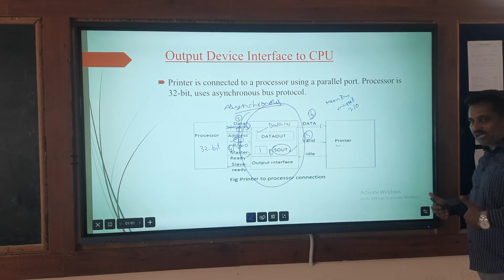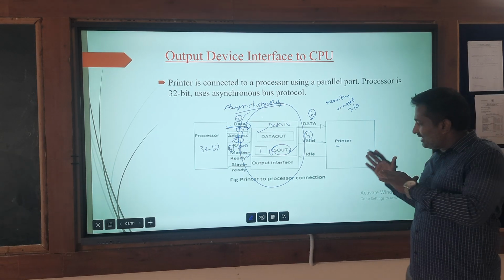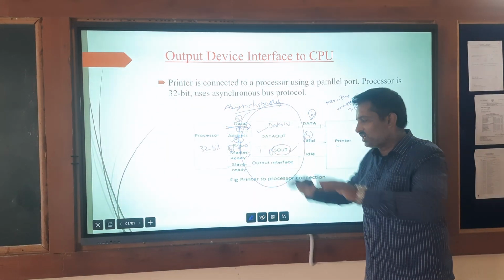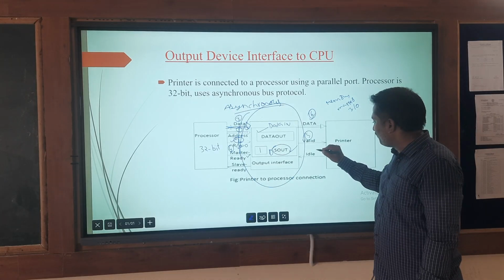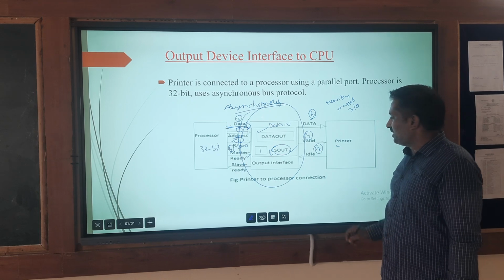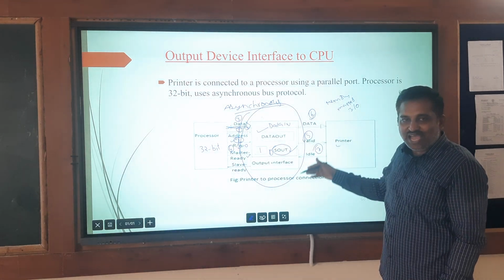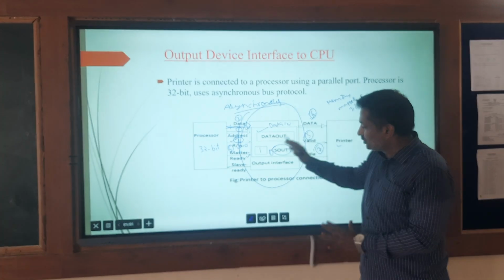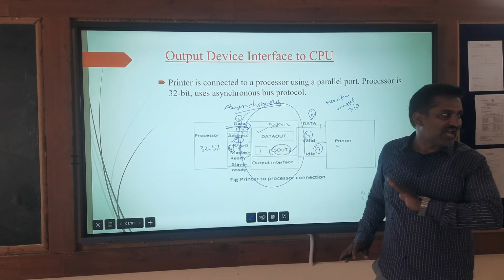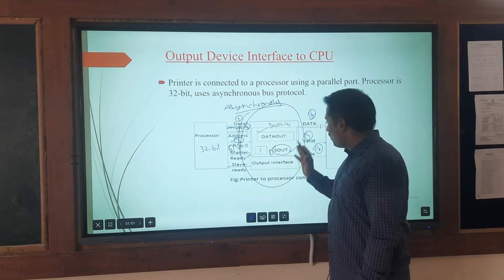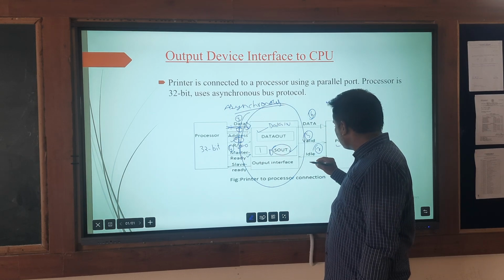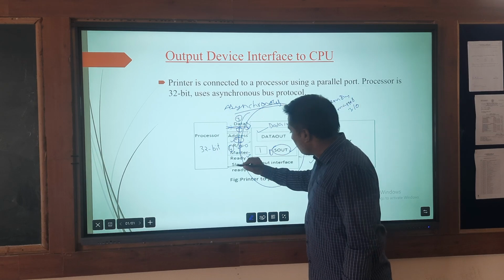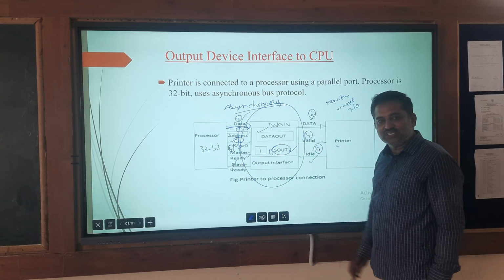Once the printer prints the data, then it informs the processor that the printer has finished its operation with the help of the idle signal. Once it activates the idle signal, the printer finishes its operation and it informs the interface circuit with the help of the idle signal. Once the interface circuit receives this idle signal, it informs the processor unit by activating the slave ready signal.